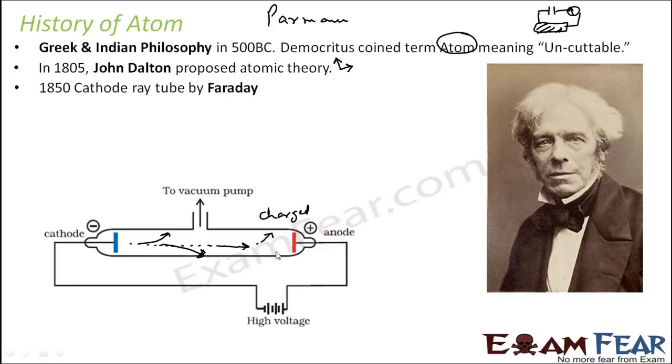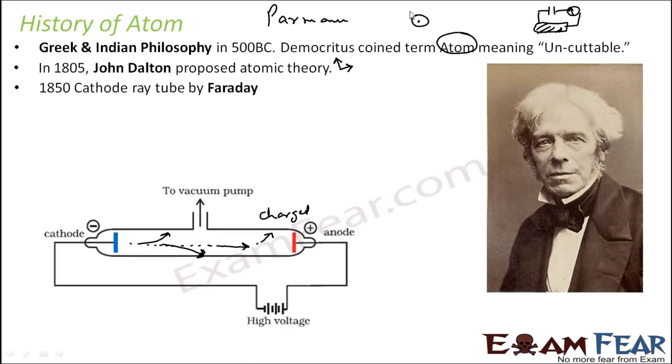Also, it was noted that the characteristics of this charged particle do not depend on the nature of gas. You take any gas inside, hydrogen, chlorine, doesn't matter. The particles' property does not depend on the nature of gas present. As per Dalton, you take any gas, it will have an atom, and this atom will have a characteristic property.